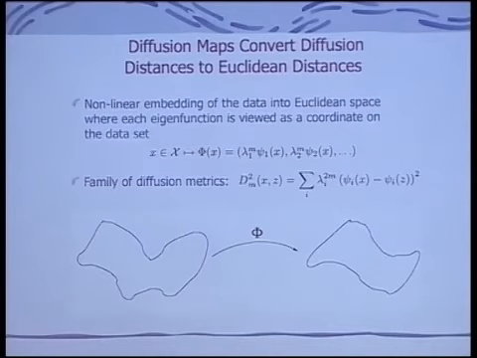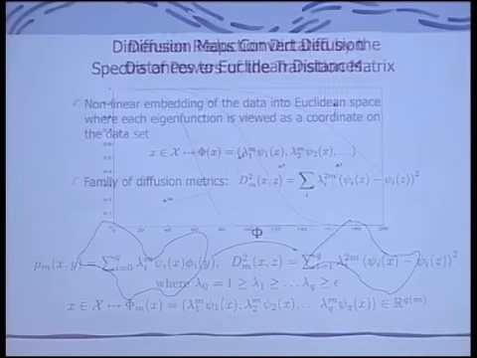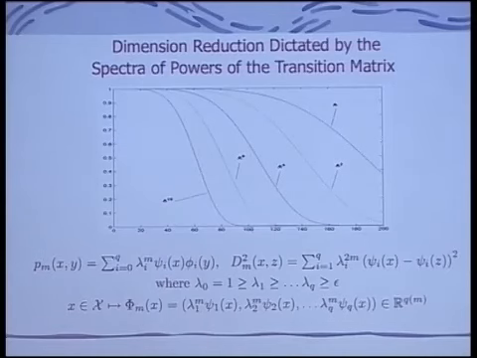So that means that when you estimate the kernel or the diffusion distances, you don't need to take all terms. And how many terms you need to include depends on the rate of decay of the eigenvalues and also the scale of the analysis. So on the coarsest scale, you need fewer terms.